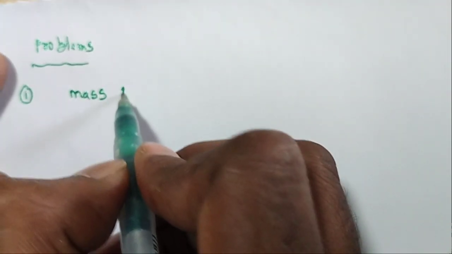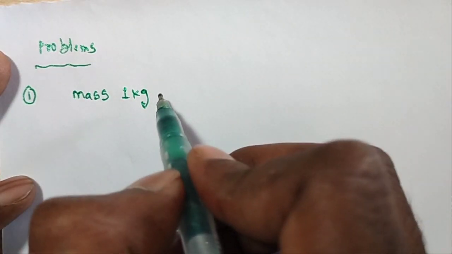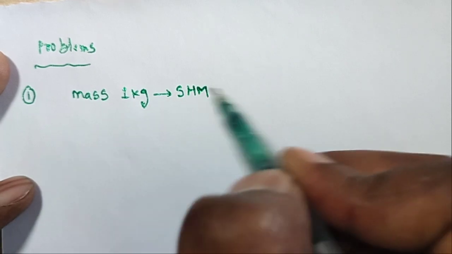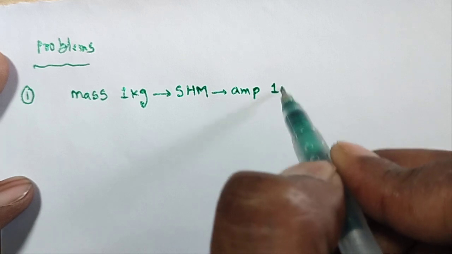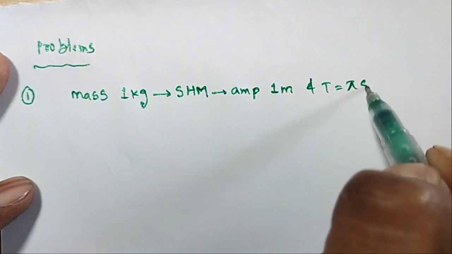First problem. A particle of mass 1 kg is executing simple harmonic motion with amplitude 1 meter, and the time period is equal to pi seconds.